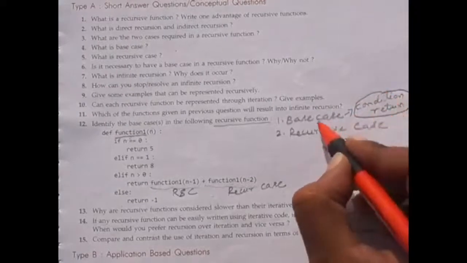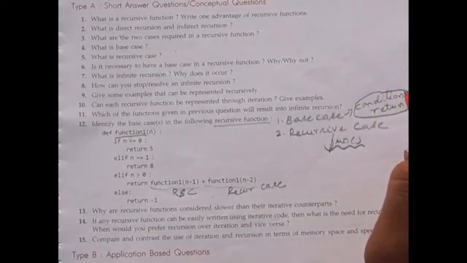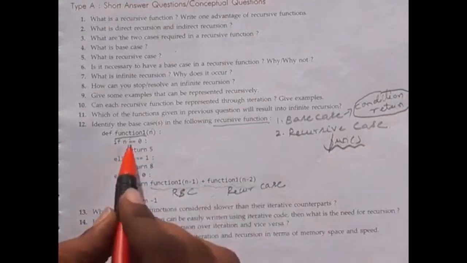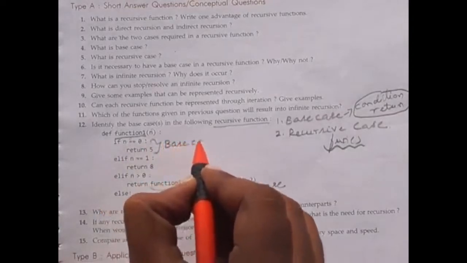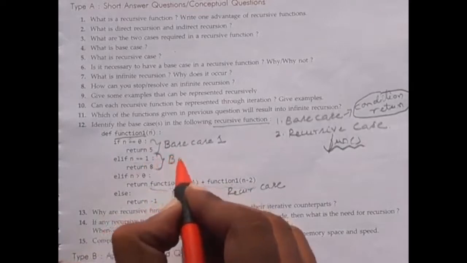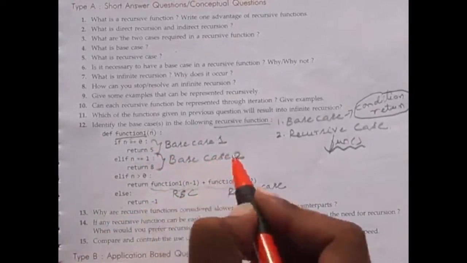This base case will contain the condition and the return statement. So here a condition and return statement are there, so this is base case 1. And here also there is a condition and return statement, so this is base case 2.